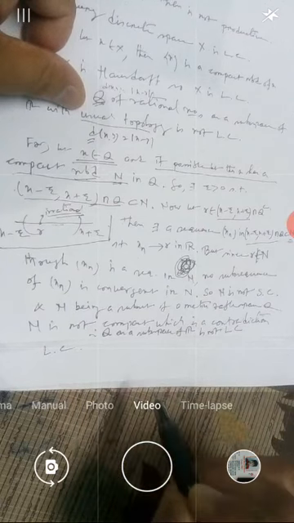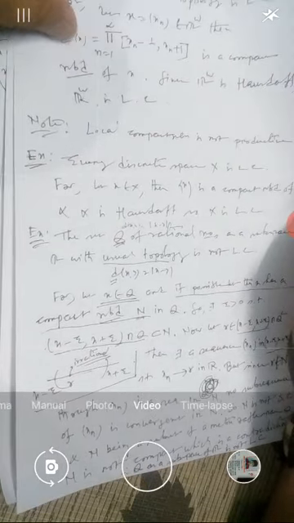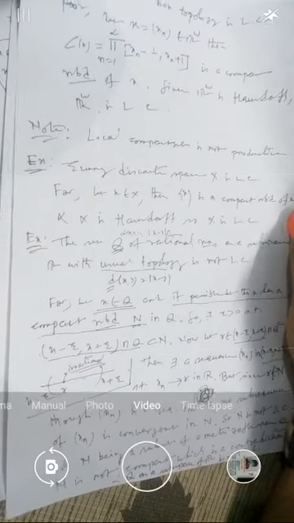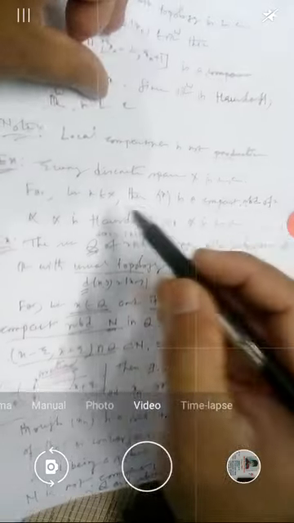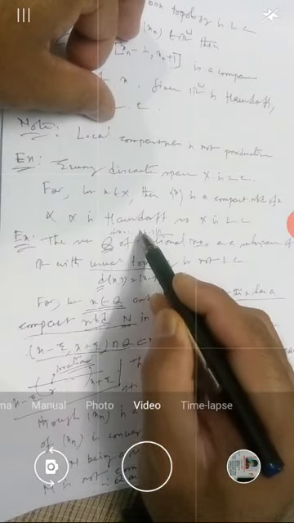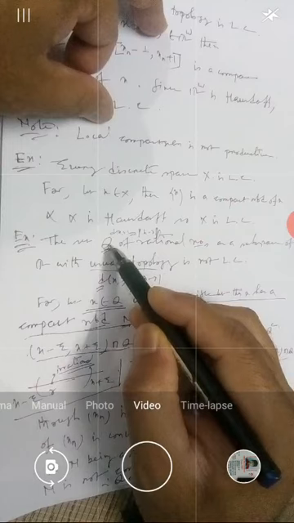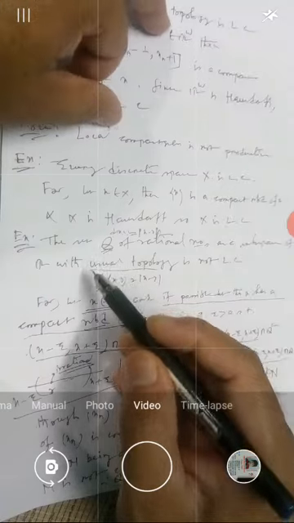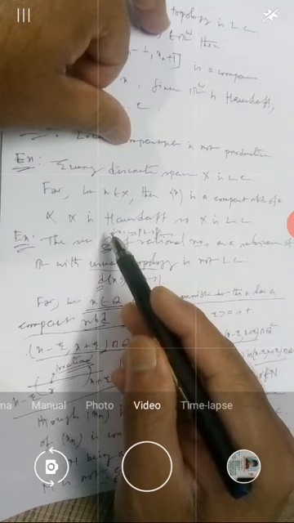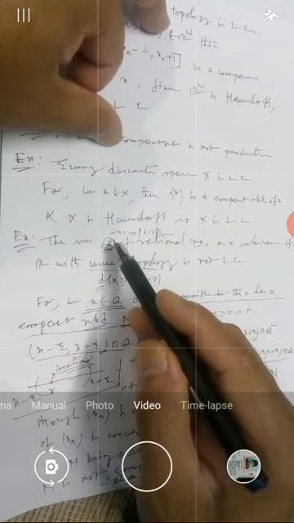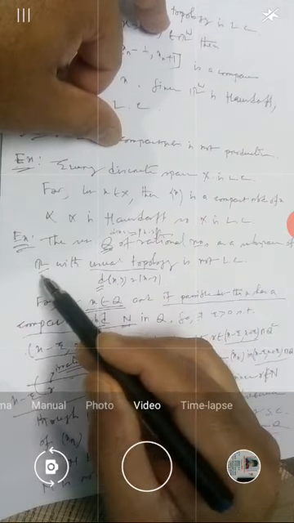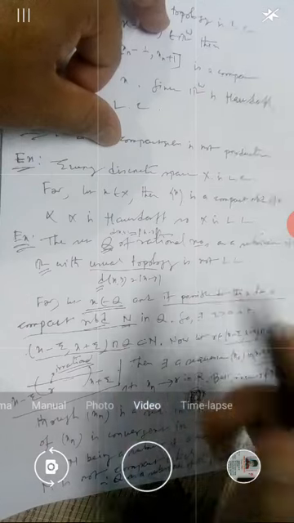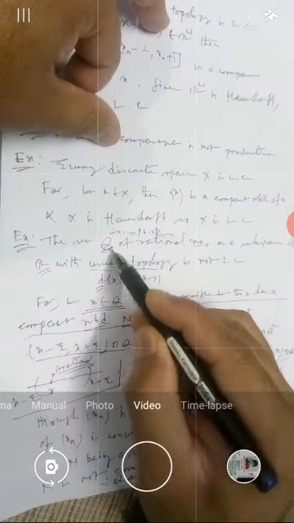Because if we consider Q with the discrete metric, Q will become a discrete metric space. Here we have assumed that Q has the metric d(x,y) equal to mod of x minus y, that is, Q as a subspace of R. As a subspace of R, we are using the same tool to measure the distance between any two rational numbers as we use for two real numbers. That's why we say Q as a subspace of R.